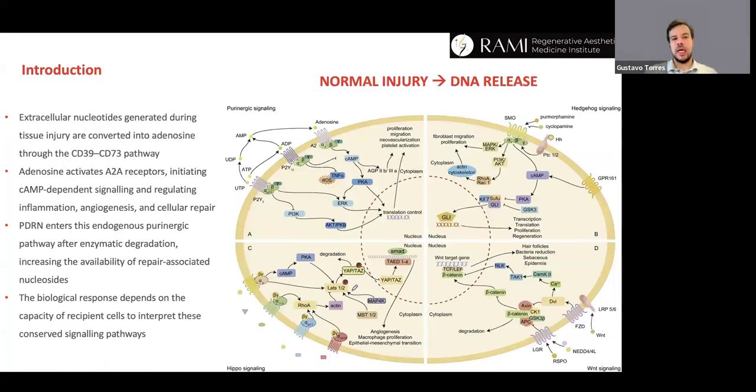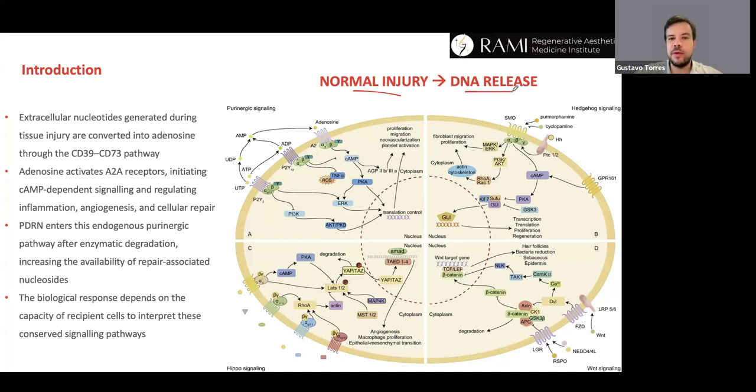But why do all these things happen? This happens because of what would happen endogenously in our body, whenever we have a normal injury, and also whenever we respond to pathogens. In a normal injury, if you cut your arm, cells get destroyed and you have DNA being released.